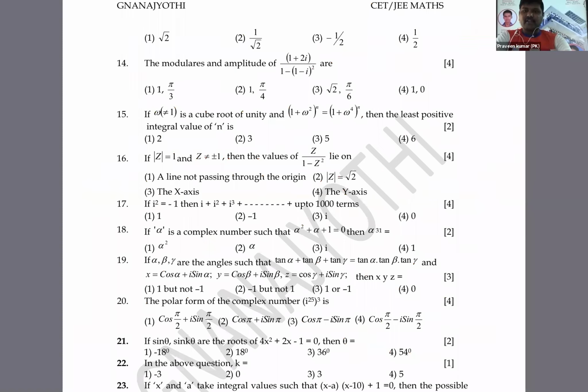The given question is (1 plus 2i) by (1 minus i) whole square. So how to solve this? The given question is not in the form a plus ib.